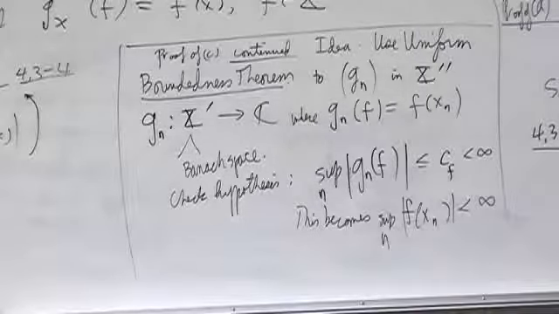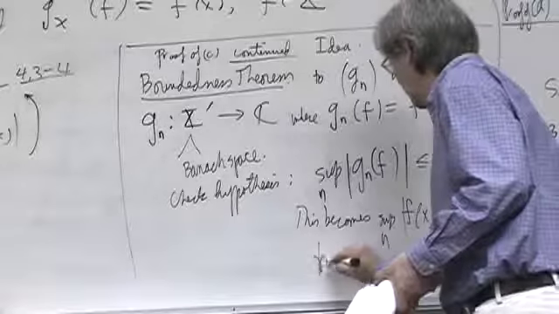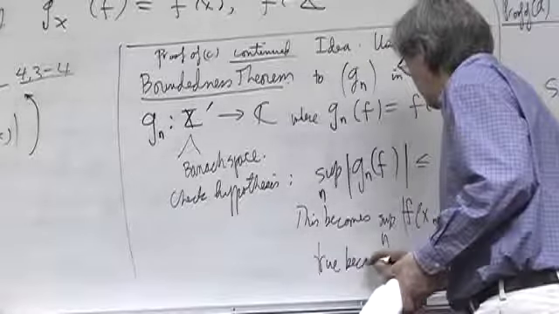Is that finite? Yes, because I am assuming that the sequence f of x sub n converges. A convergent sequence in the complex numbers is bounded. Convergent sequences are bounded.